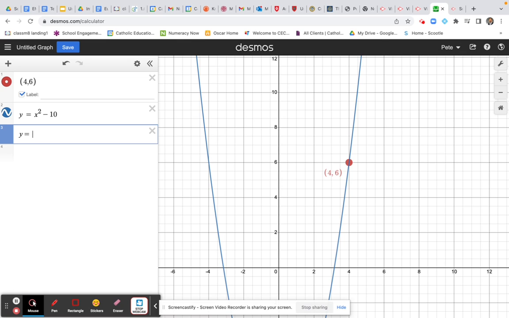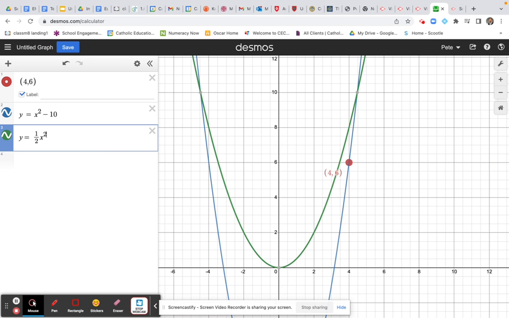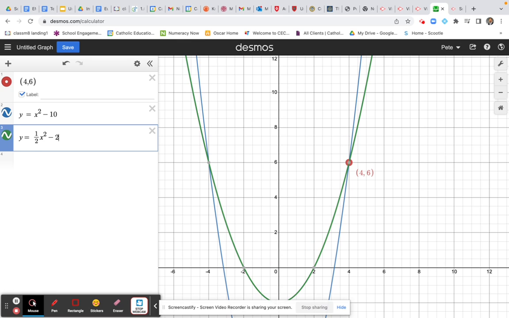So let's do y equals a half of x squared. 4 squared is 16. Half of that is 8. So we're going to have to minus 2, because remember, we're trying to get them through this point here. What we could do is y equals minus x squared.